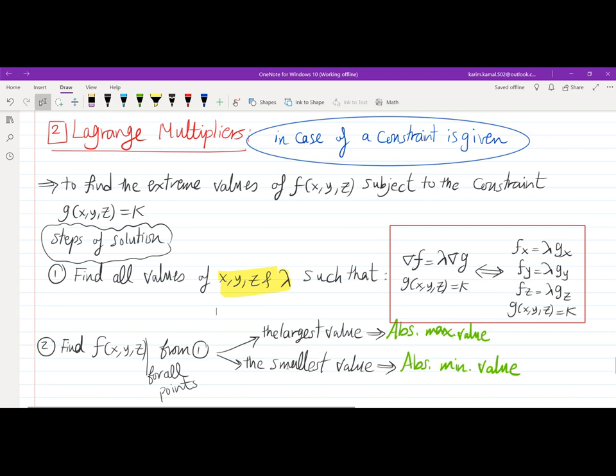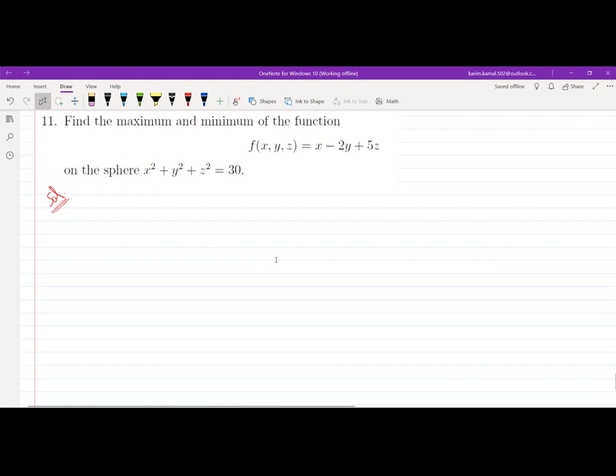And now we will go to solving problems about this. Problem number 11: find the maximum and the minimum of the function f of x, y, and z equals x minus 2y plus 5z on the sphere x squared plus y squared plus z squared equals 30. And here you can clearly see that this equation is equal to a number, which is the constraint equation, and this function is to be optimized.